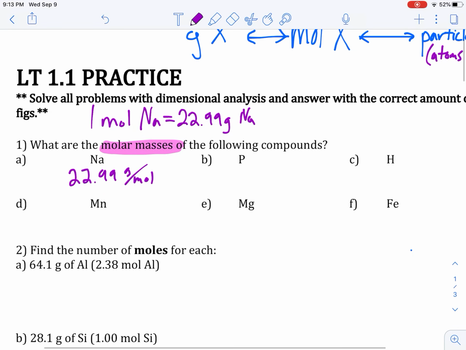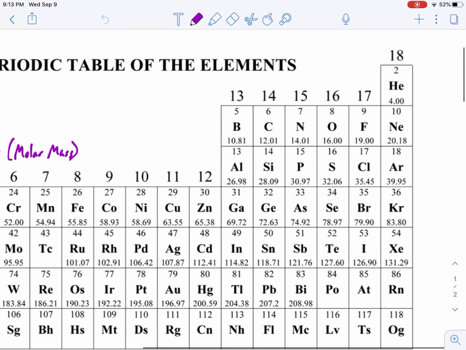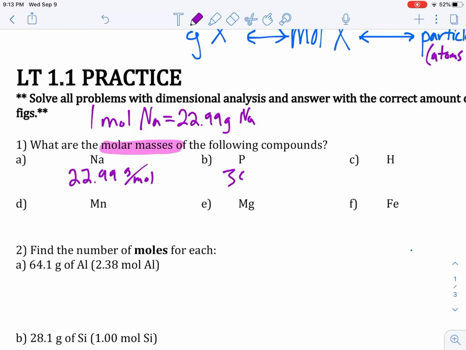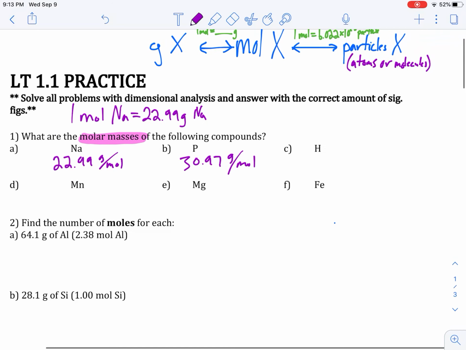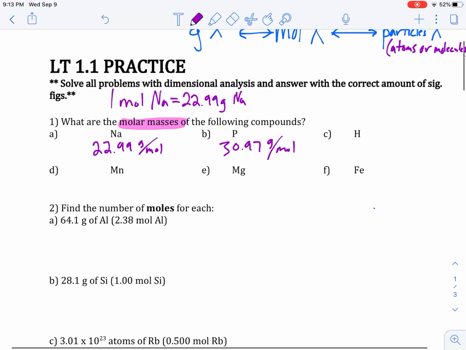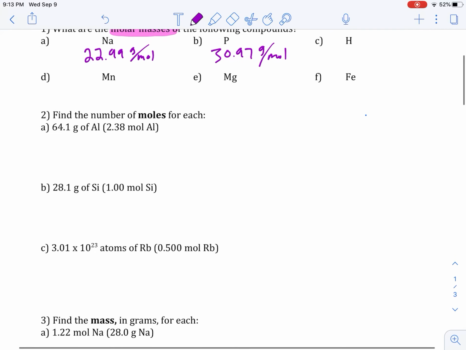I could then do the same thing for phosphorus, finding phosphorus on the periodic table. And that has a molar mass of 30.97. So take a moment and collect the rest of these molar masses yourself. Once you have them, we're going to use them and we're going to convert.